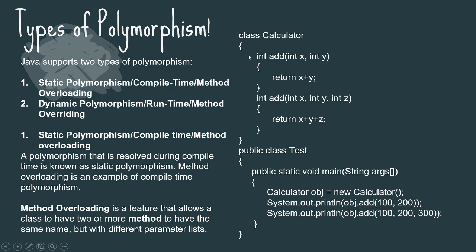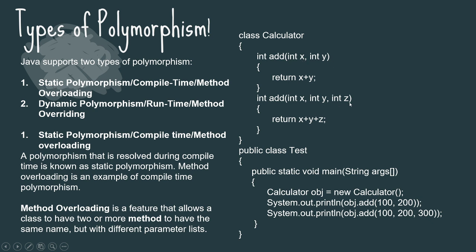The class is Calculator and one method is int add, with parameters x and y, and it returns the sum. The second method is written differently, with the same method name but a different parameter list. Add is the same, but the parameters are different here.